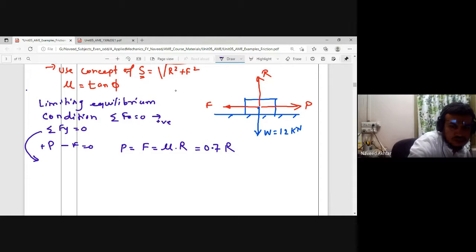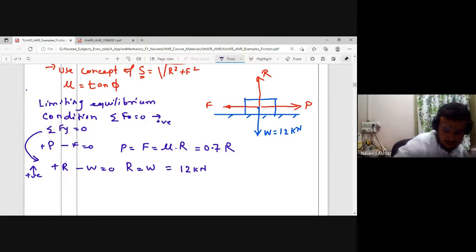Now second condition is summation of Fy is equal to 0, so plus R, because upward is positive, minus W is equal to 0. So R is equal to W, therefore R is 12 kilonewton. Now we can find out the P also.